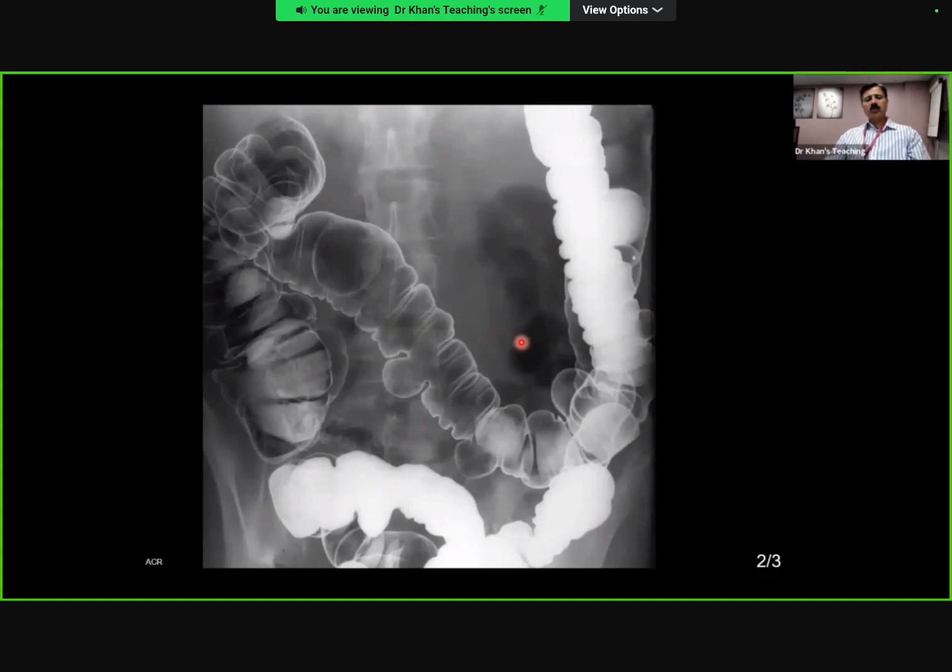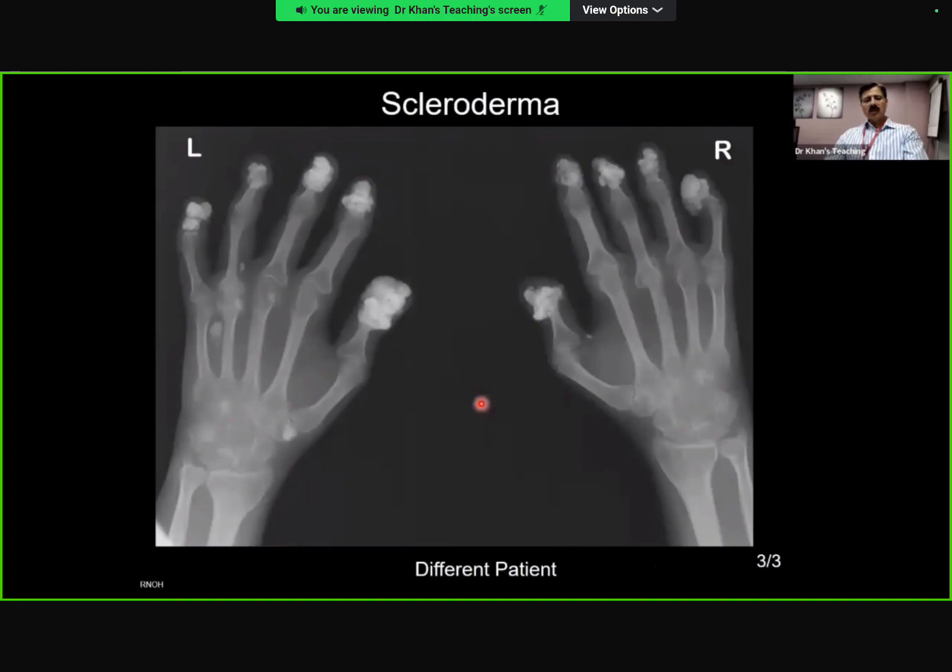So I explained to you the pathology there also. So these are pseudo-sacculations. In scleroderma, of course, they might show you with other stigmata of scleroderma, so you should know that.